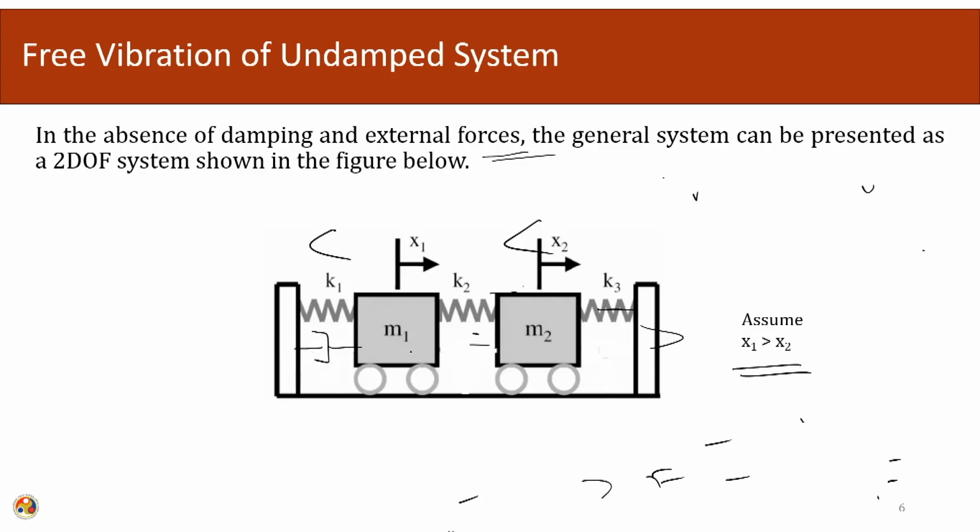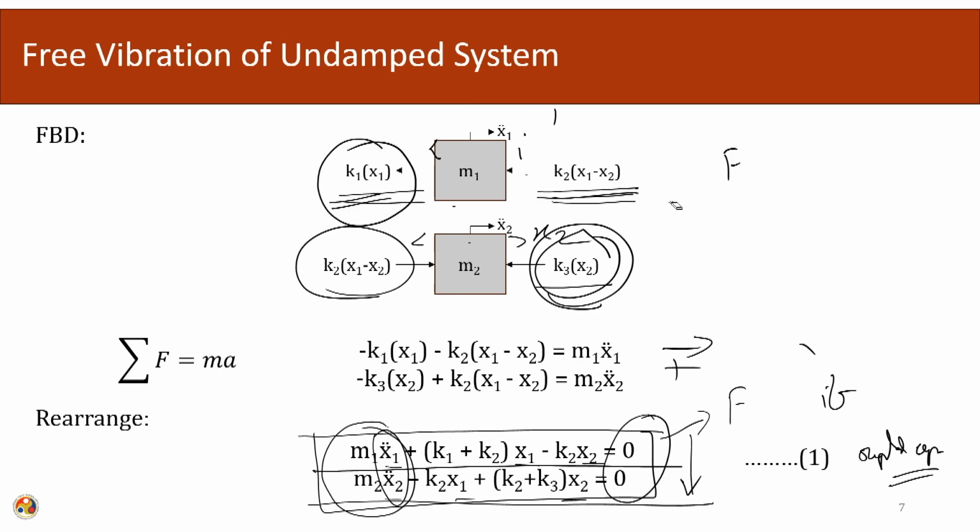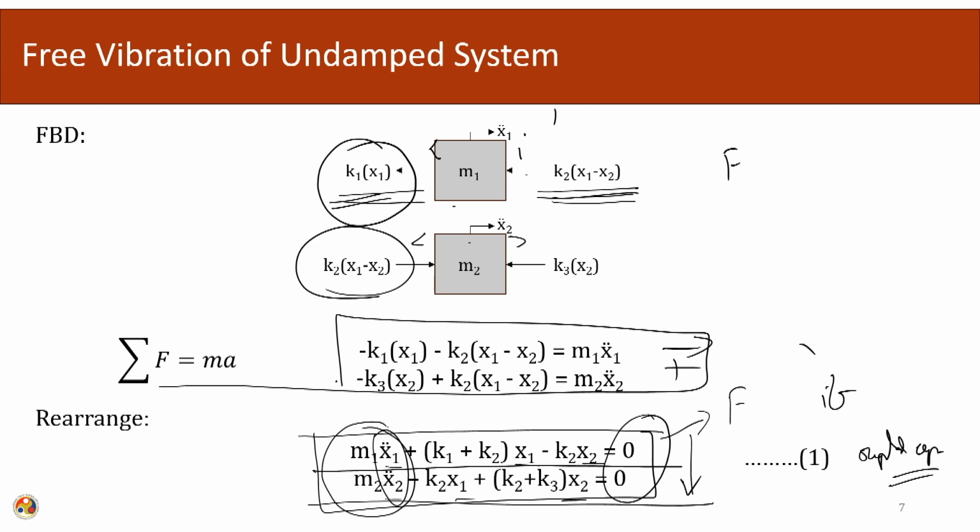The 2 degrees of freedom were due to the two masses, each mass able to move independently in the horizontal direction. After that, we drew the free body diagram of the system, and from the free body diagram we wrote down the equation of motion of the system.